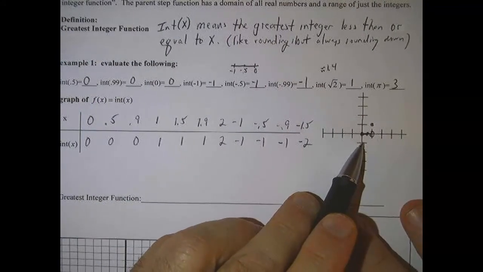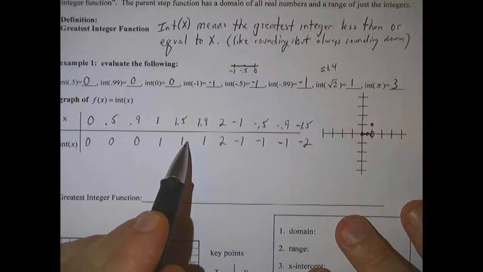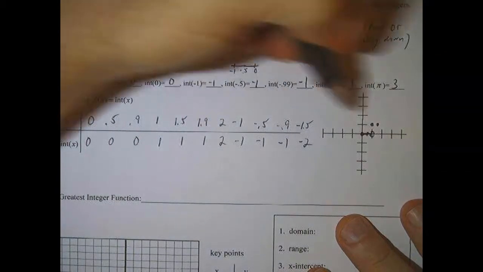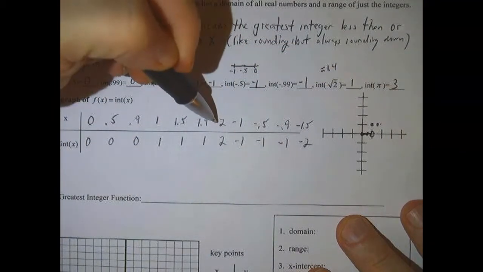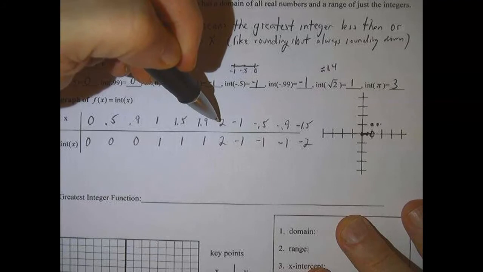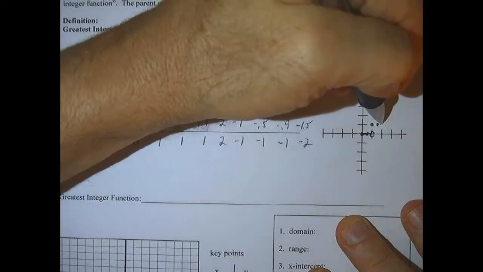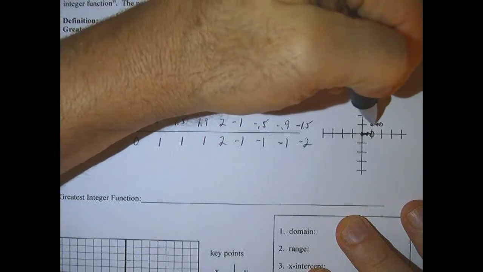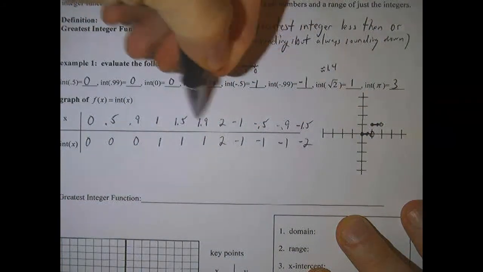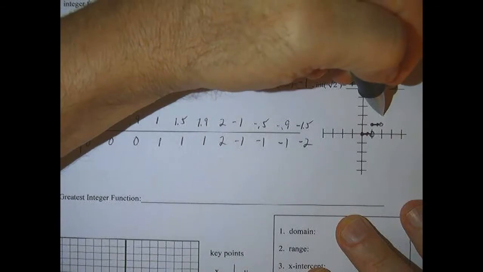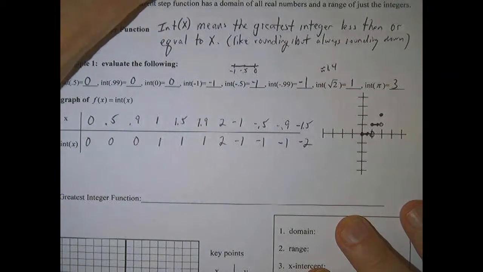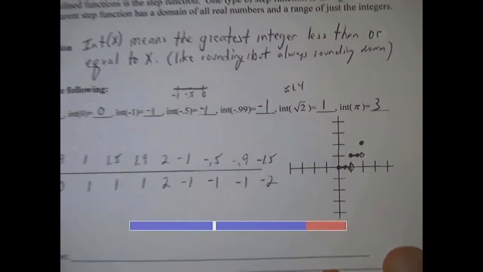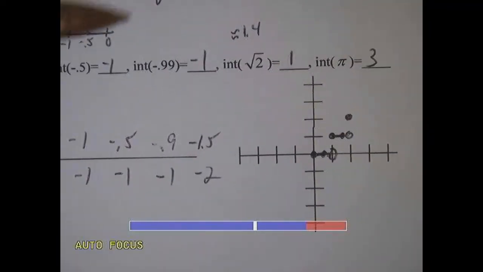Then if we continue on, 1.5 has an output of 1, and 1.9 does too, but when it goes to 2, it jumps again. It jumps up to 2. So here at 2, 1, there's a hole, and there's the second step, and the point at 2 jumps up to 2. And this is going to continue to make steps, and each step has a hole on the right and a point on the left.